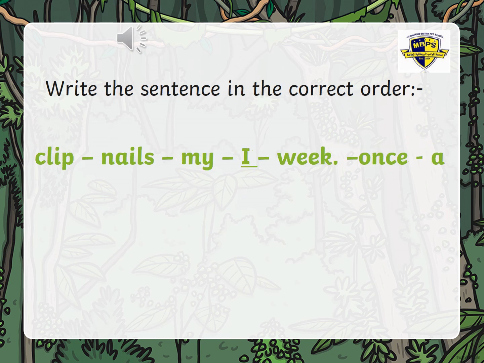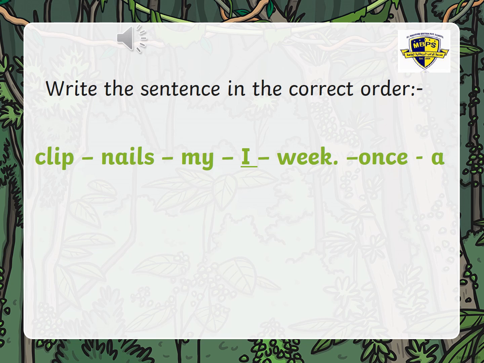The next sentence. Here are the words: clip, nails, my, I, week, once. Let's do it together. We begin with the pronoun, which I've put a line underneath. And then we continue looking for the verb. Where is the verb? It's a doing word, something you're going to be doing.